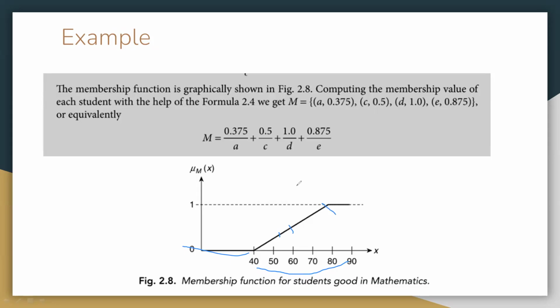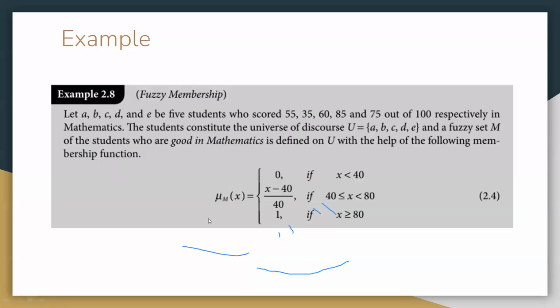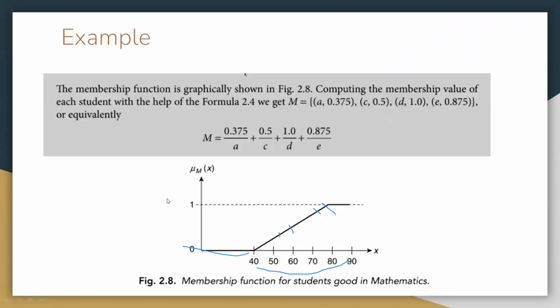For E, you got a value of 0.87. So it depends on the mark: 55, 60, 85, and 75. 85 is above 80, so that is why we got a 1 there. So A was 55, C was 60, and E was 75. Okay, so that is all.